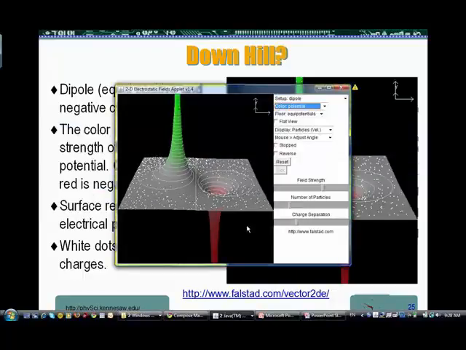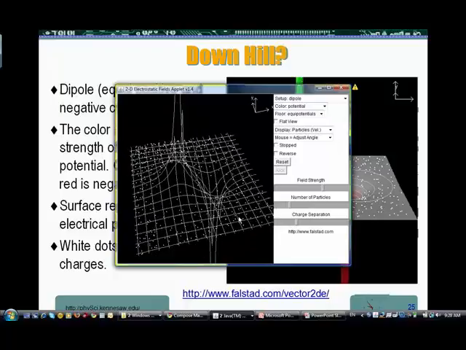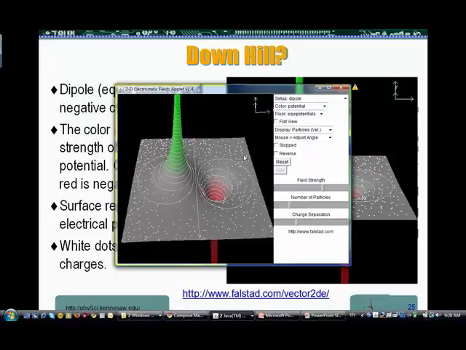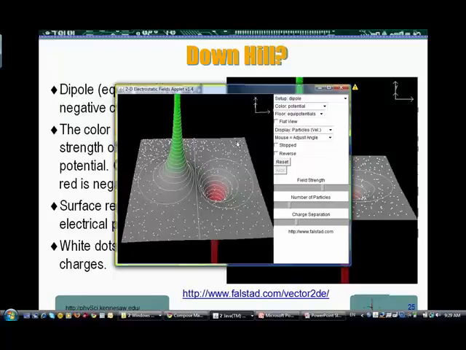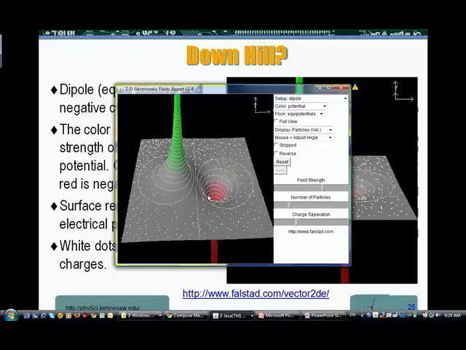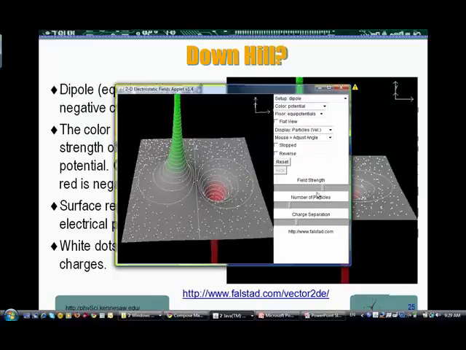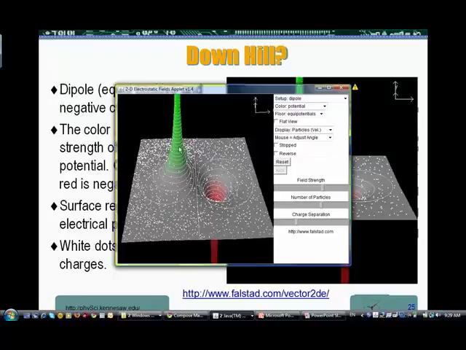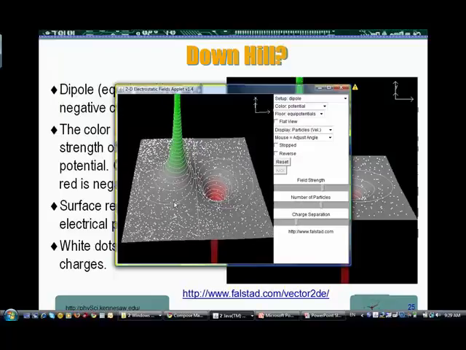Here is the simulation. And you notice, actually it allows us to look at this in a little bit 3D. You see the white positive charges are looking like they are falling deep into this well. Let me increase the number of these charges, and they are falling down from this big mountain.